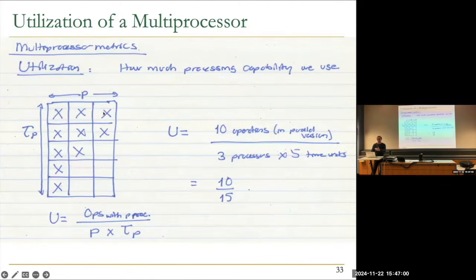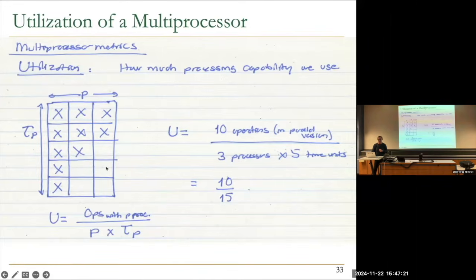We were tying up 3 processors, that was a given, for 5 time units, assuming you tie up all of them, because you don't know how long each of them will take, right? This also shows a load imbalance across processors over here. X means you're utilizing the processor at a given point in time. So basically, our utilization is really two-thirds, as you can see, 10 over 15.